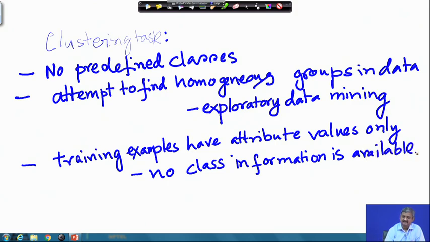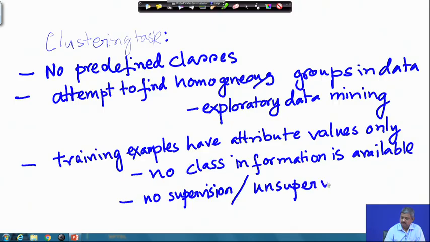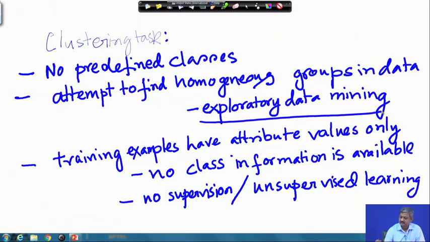No class information is available. Nobody tells that for this example this should be the class. So, there is no supervision. It is unsupervised learning. It is exploratory and unsupervised.